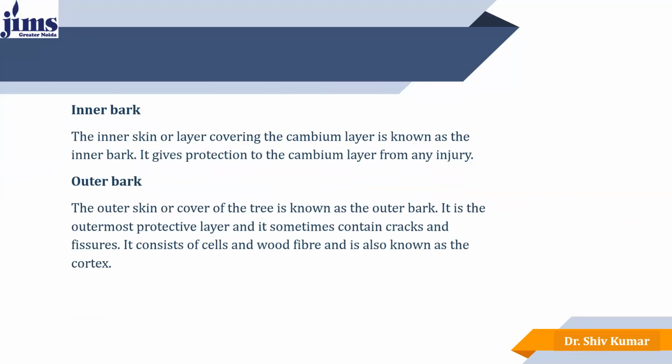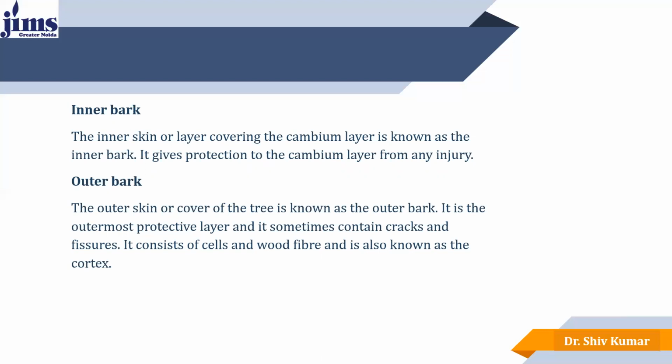Next is the bark. The bark is divided into two parts: the inner bark and the outer bark. The inner skin or layer covering the cambium layer is known as the inner bark. It protects the cambium layer from any kind of injury. The outer bark is irregular in shape.